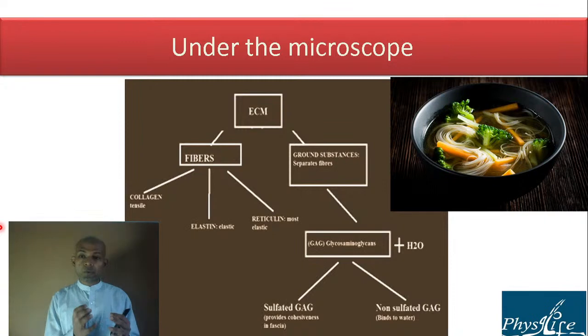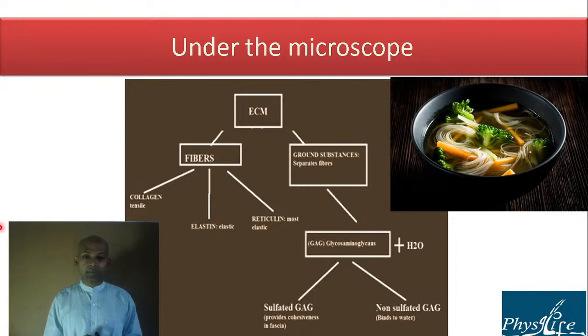On the other hand, you also have the solid parts, that is the muscle fibers or the noodle, types of noodle. And you have three types of noodles here: one collagen, one elastin, and one reticulin.